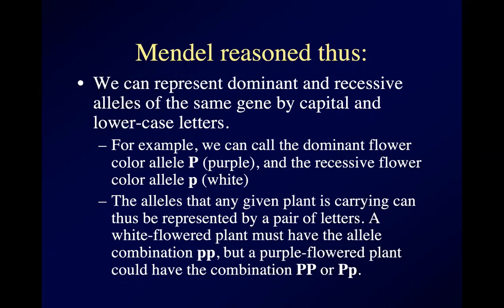And you can use lowercase p to represent the recessive flower color allele, which is white in this case. So a white flowered plant must be carrying the allele combination little p, little p. A purple flowered plant could be carrying 2 copies of the dominant purple allele, which we could abbreviate big P, big P, or it could be heterozygous, and we'd write that big P, little p.